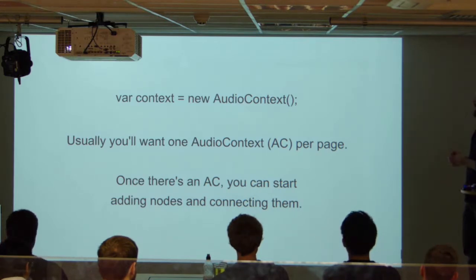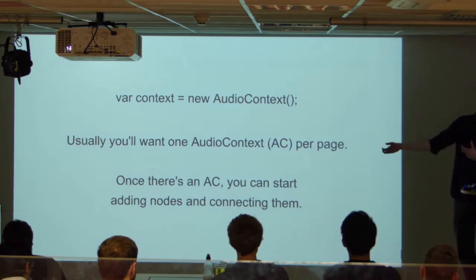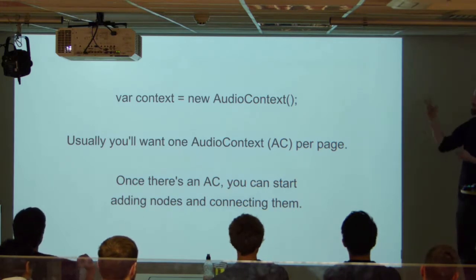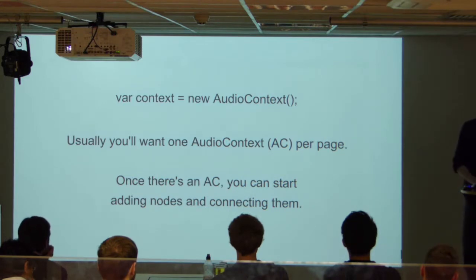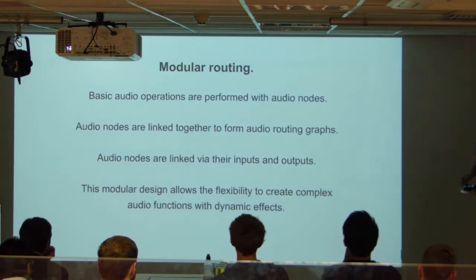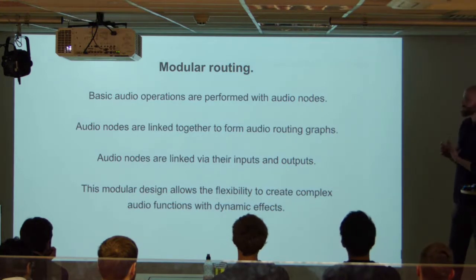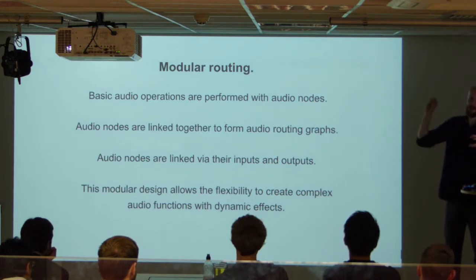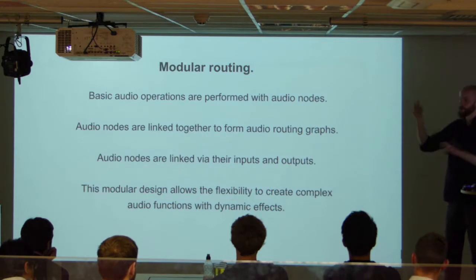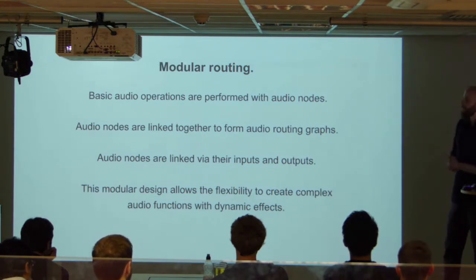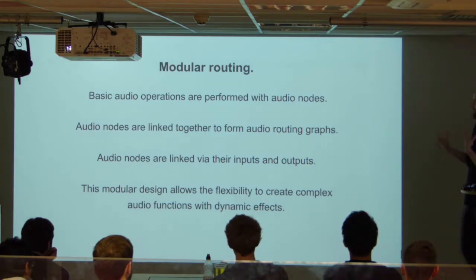And then from there, you can start adding in sources and then different things to manipulate the audio. This is called modular routing. It's basically like Max MSP or Pure Data. You are adding in nodes and routing things between each other to the output. So it's quite an exciting way of working.